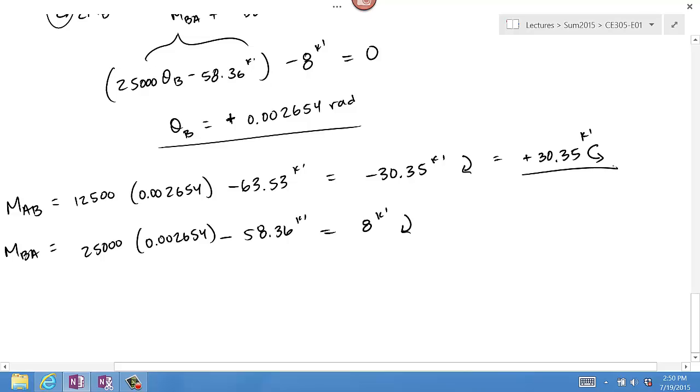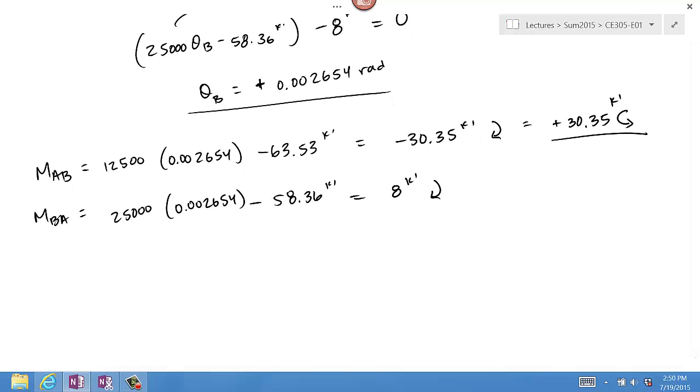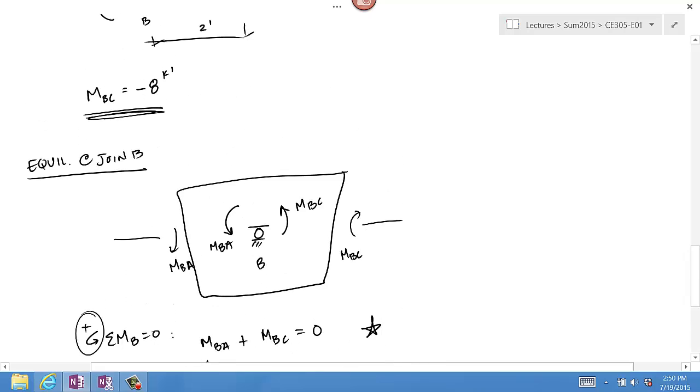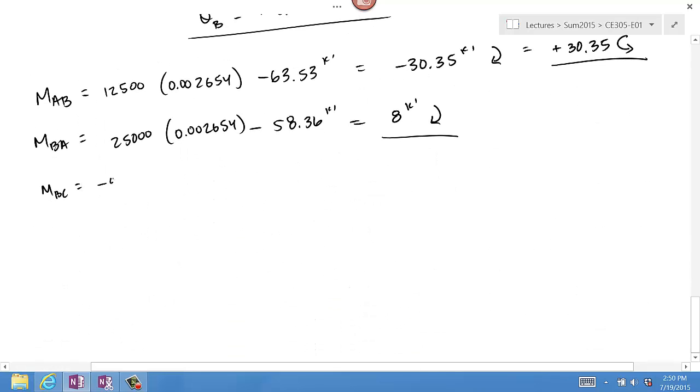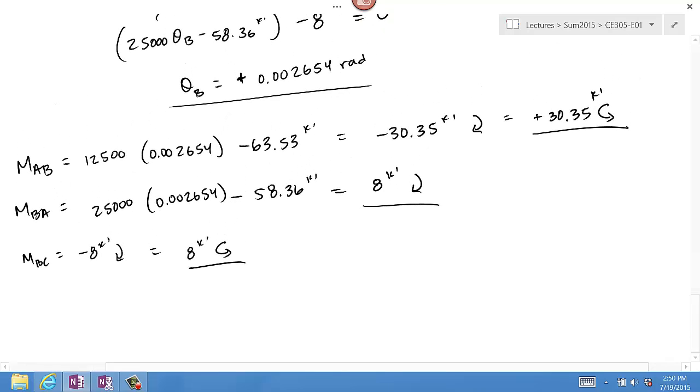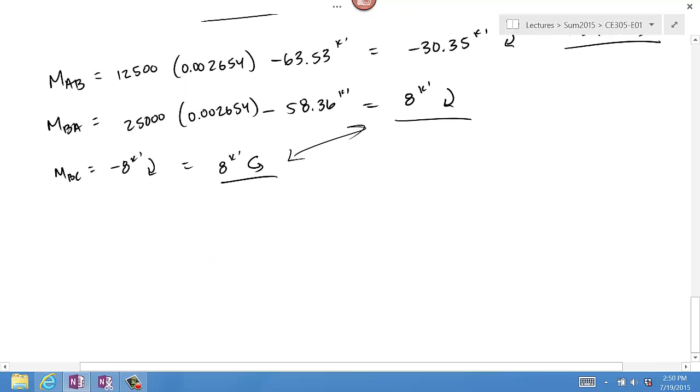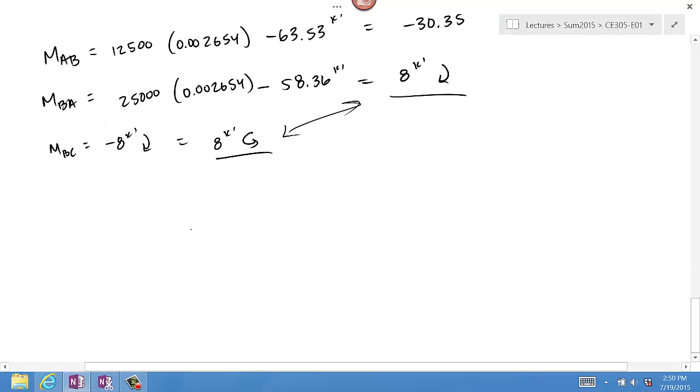So that's the moment reaction at A, that's MAB, and then this is MBA, and we remember that MBC was negative, as shown here, minus 8 kip feet clockwise. This is equal to 8 kip feet counterclockwise. And so what you can see is that these two moments are equal and opposite at joint B, as you would expect.